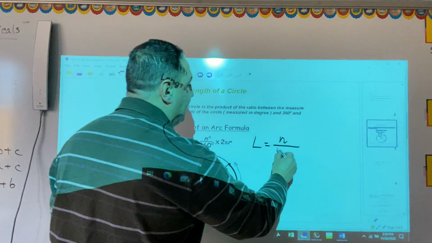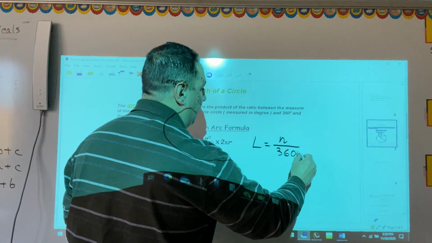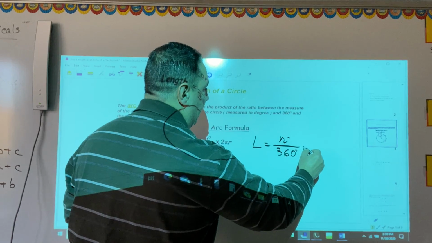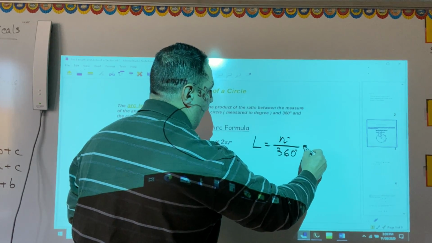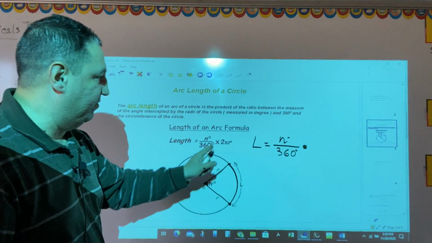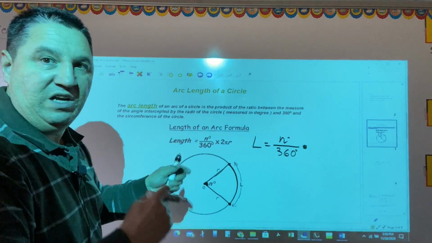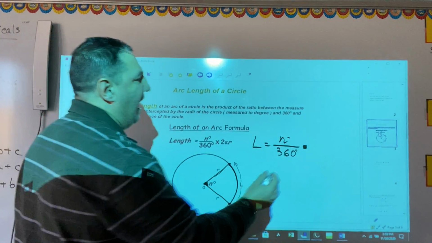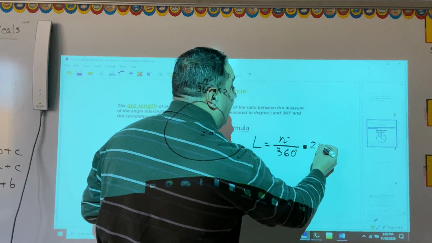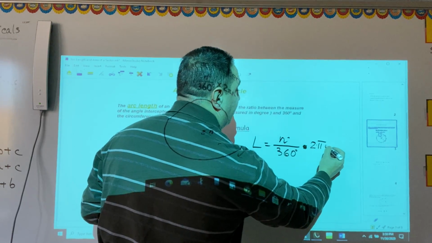over 360 degrees, times, if you like, you can put a dot instead of x to avoid any confusion, times the circumference of the circle.